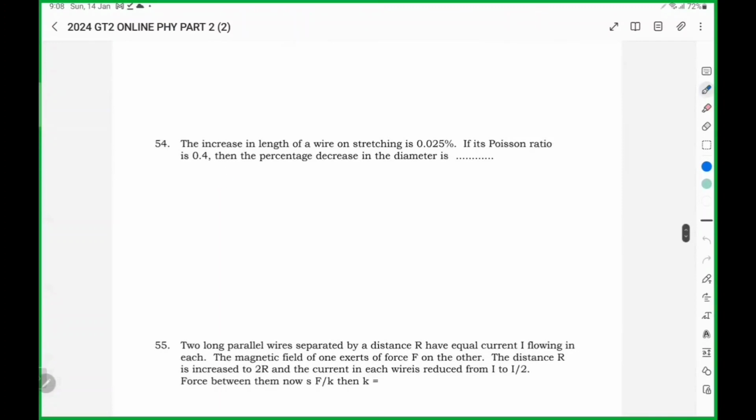Increase in length of a wire. Given the percentage increase is 0.025.